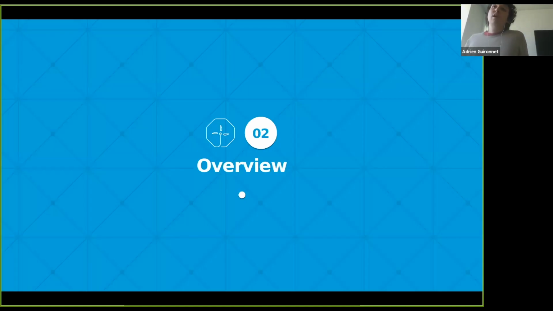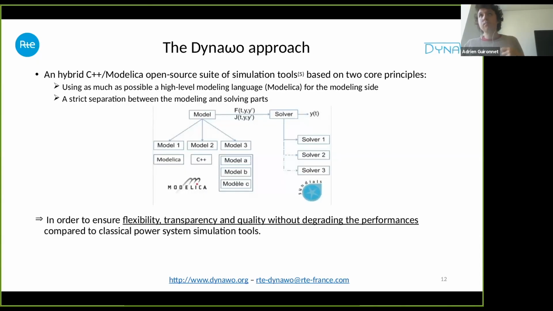So if we right now go a bit more into the details and have an overview of the tool and its functionalities, it's quite the same slide as previously, just with a bit more details on the figures. The idea is to give you a bit of knowledge of the architecture, basically. So we have models and solvers separate.